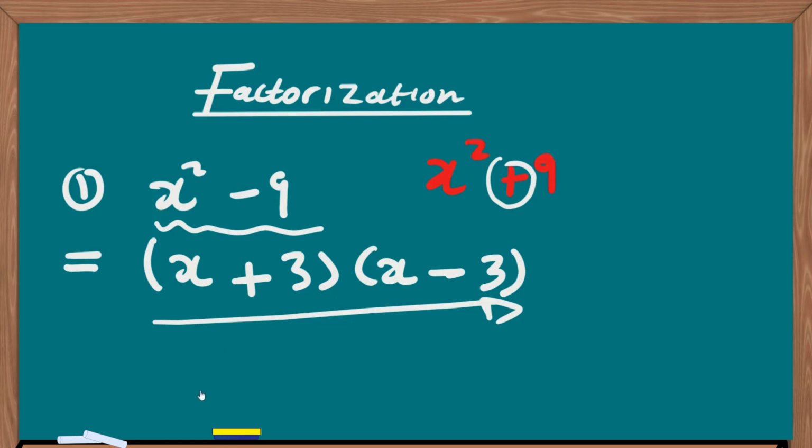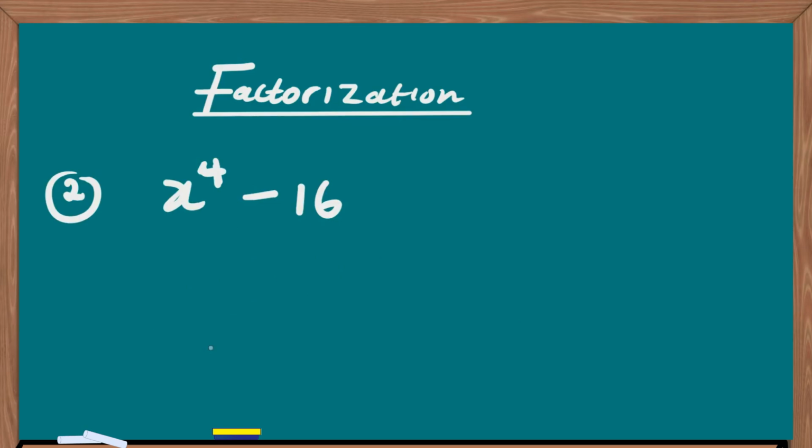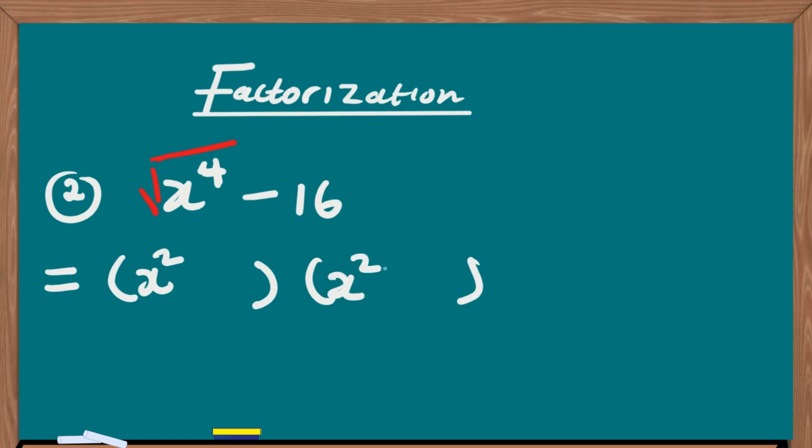We can take the next question: x to the power 4 minus 16. Factorize. You're always welcome to pause and try it. Our first step is opening two brackets. The square root of x to the power 4 is x squared, so x squared here and x squared there.